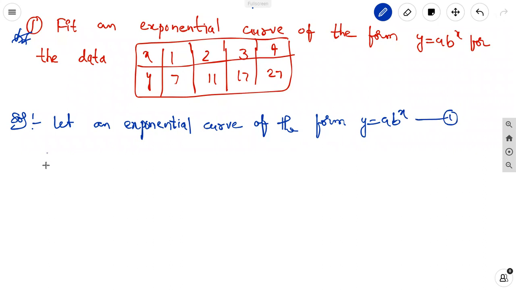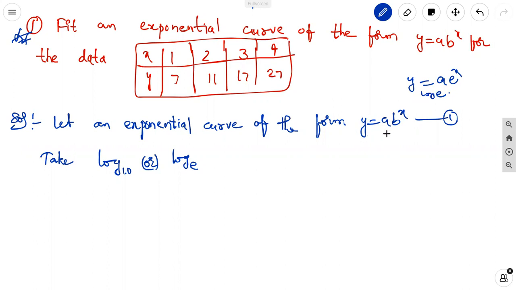And take log. We can choose either log base 10 or log base e. What we choose, we mention in the power form. In the exponential, when the curve equation is y equal to a e power x, we are simply taking log base e only.